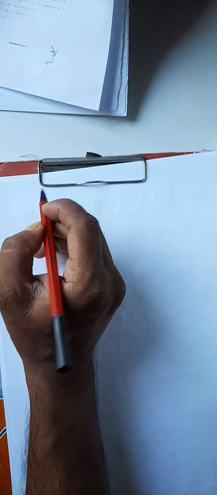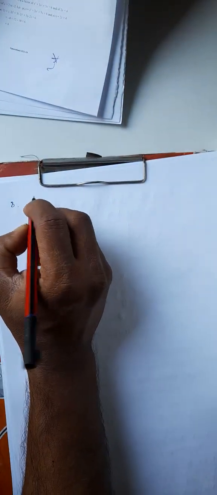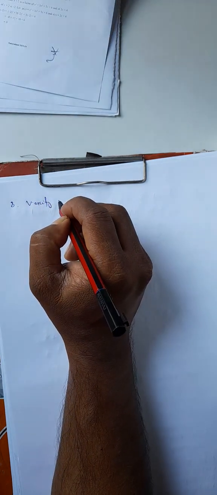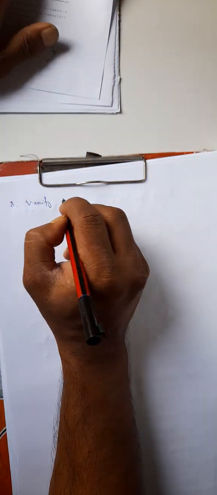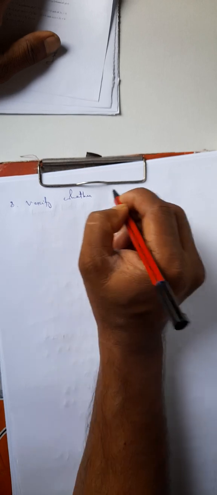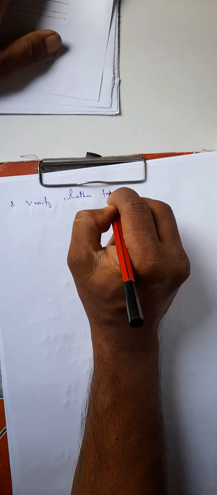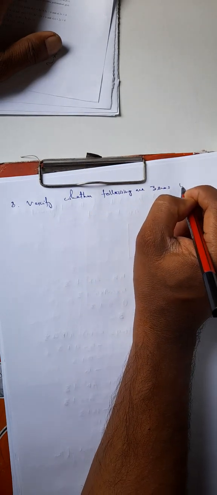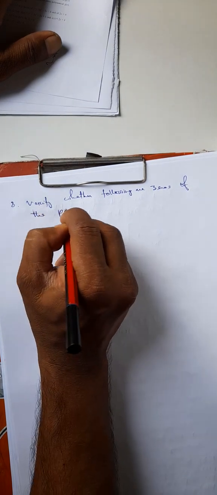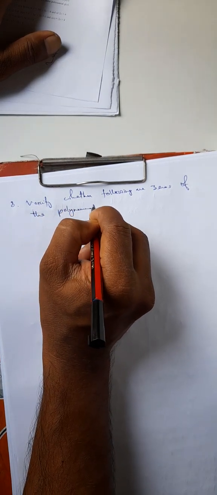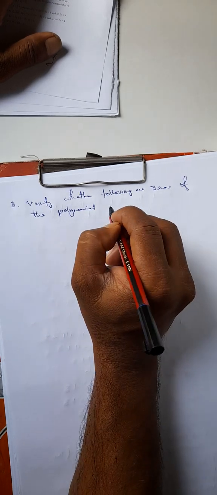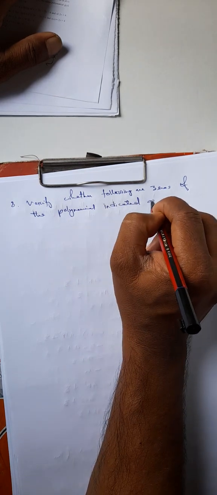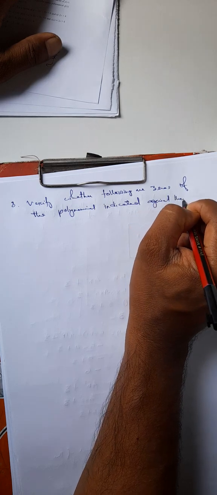Now question 3. Verify whether the following are zeros of the polynomial indicated against them.